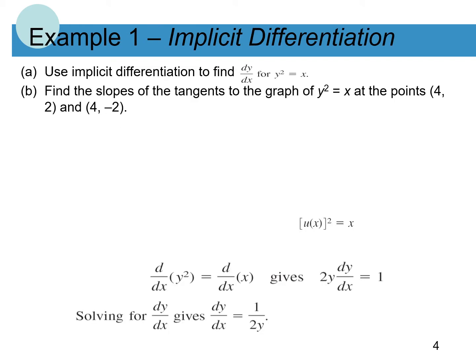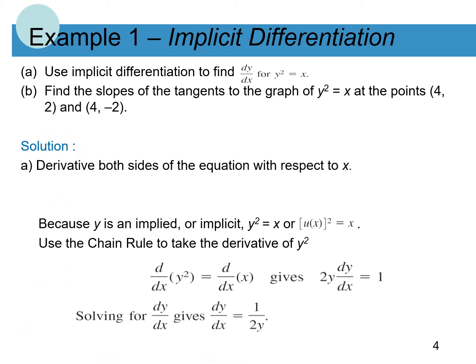Let's discuss the first example of implicit differentiation. Use implicit differentiation to find dy over dx for y squared equal to x. Then find the slopes of the tangents to the graph of y squared equal to x at the points (4, 2) and (4, negative 2). So we can differentiate both sides of this equation with respect to x.